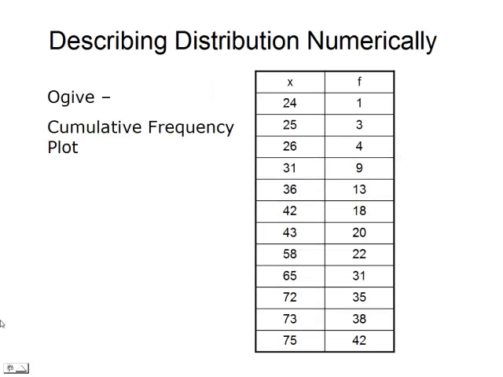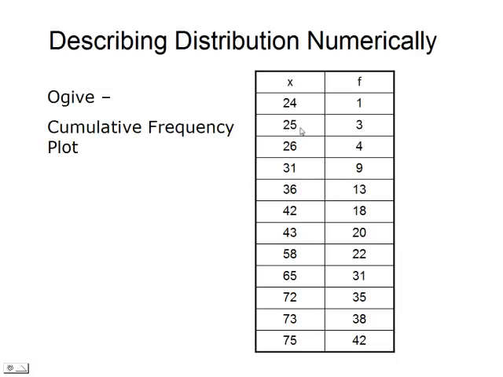Next, we're going to talk about an ogive, also known as a cumulative frequency plot. The way the cumulative frequency plot works is you have your X values. However, in the second column, you have your frequencies, but they're the cumulative frequencies. In other words, before we had 1 24, 2 25s. Well, now we have a 3 here.